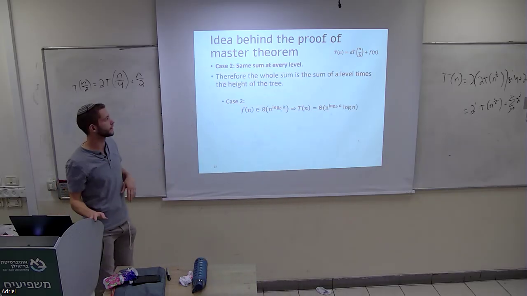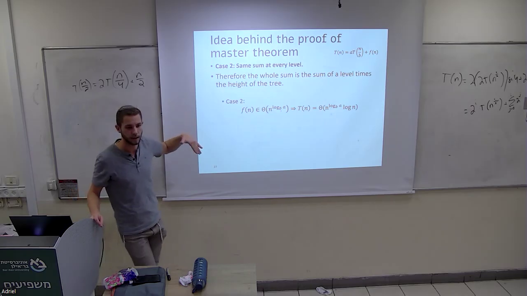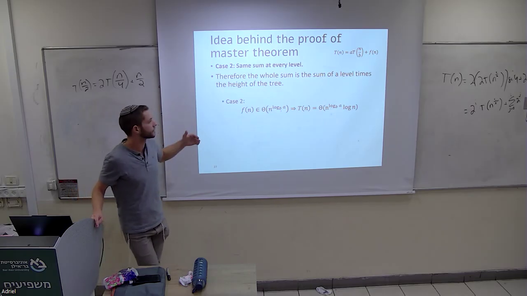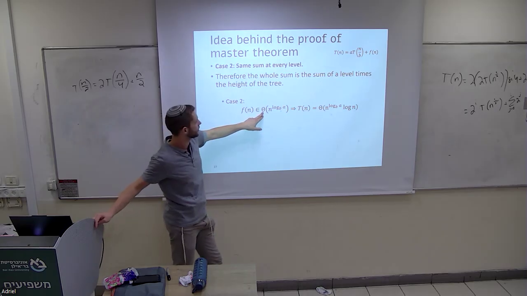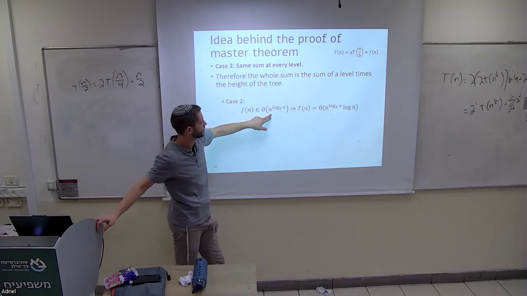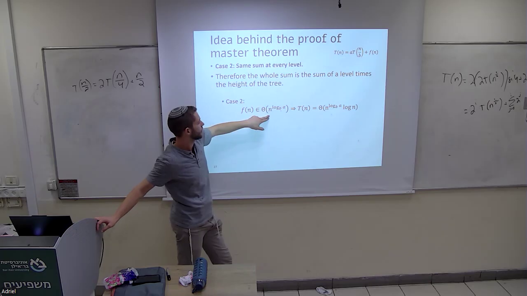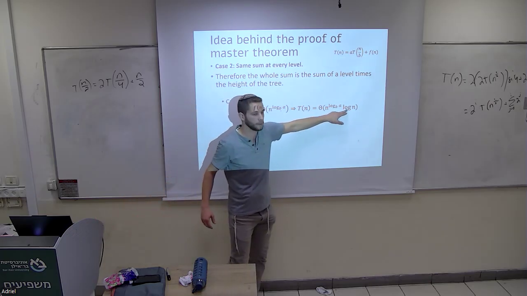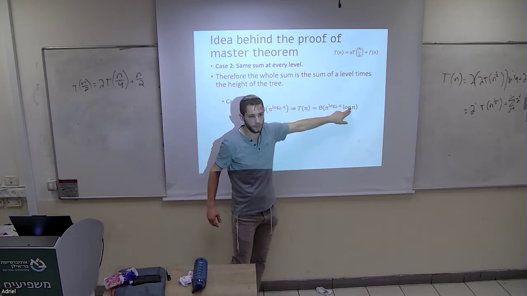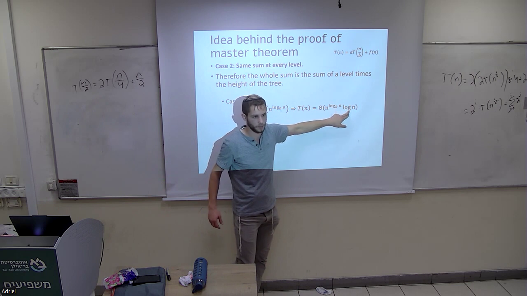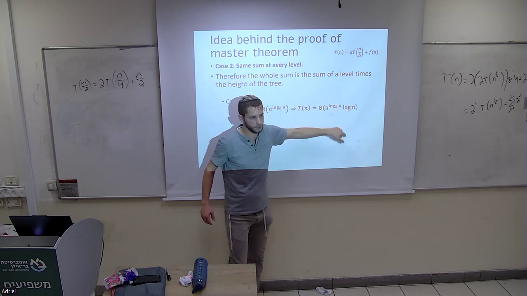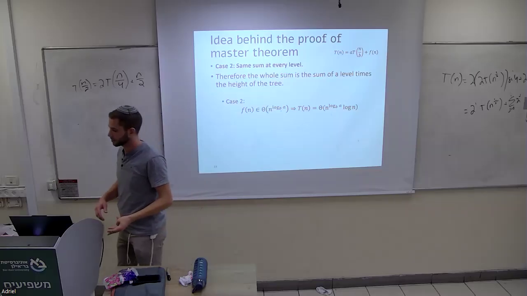And case 2 is that we do the same amount at every level, so it's theta of each level times the amount of levels, the height of the tree.